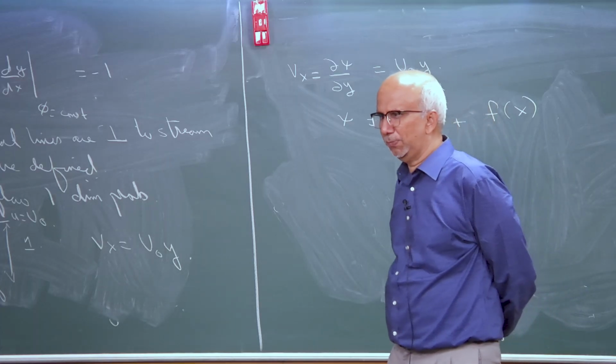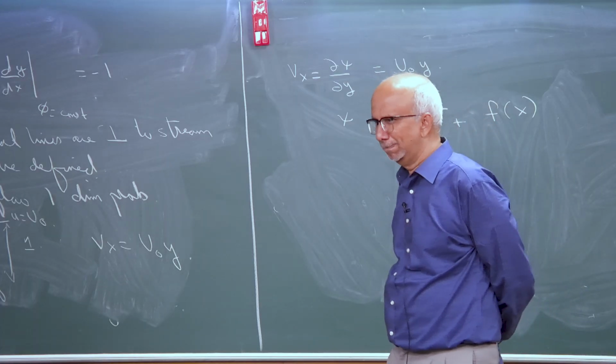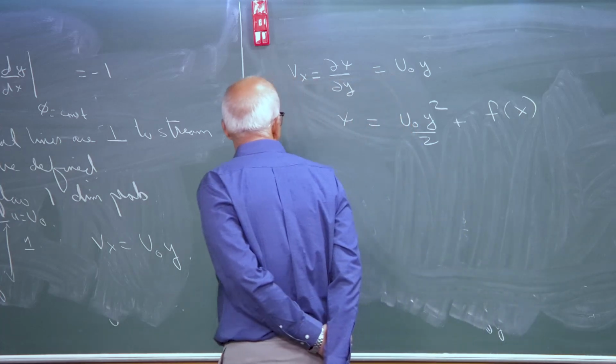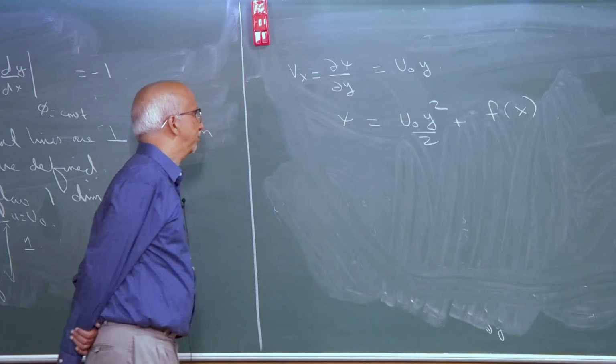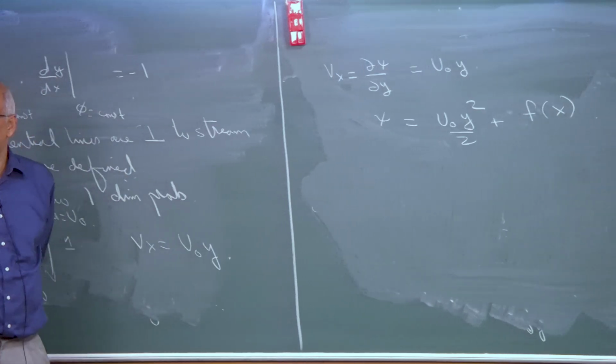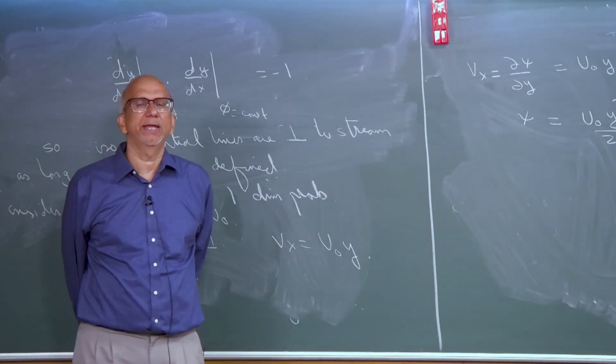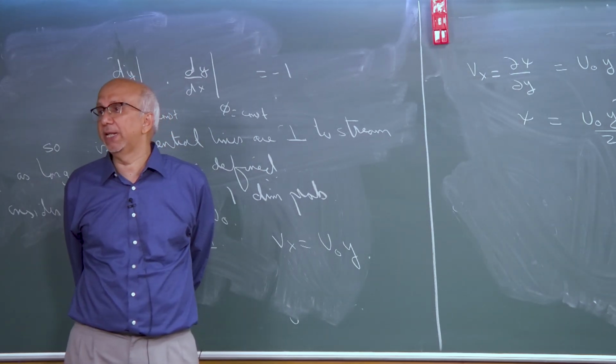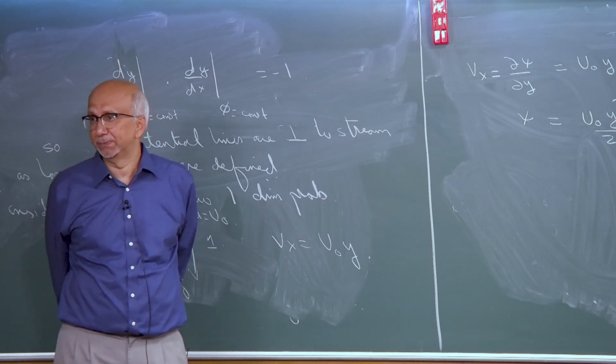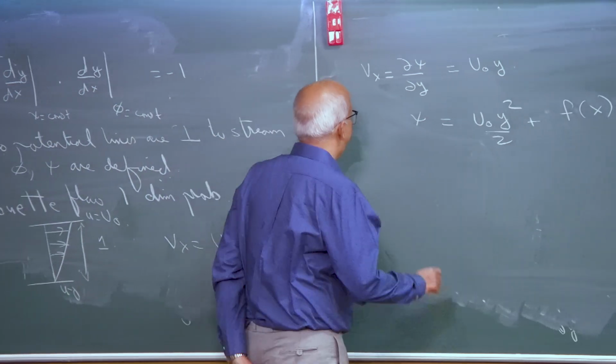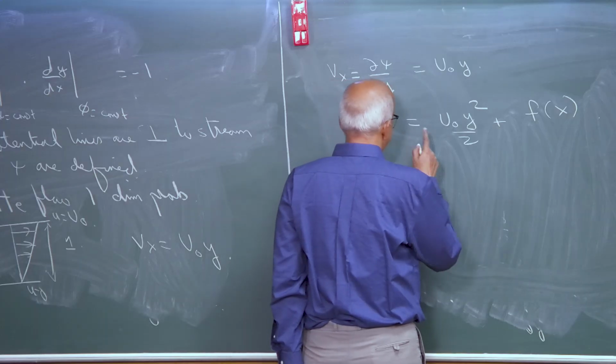So, the distance between the plates is 1, okay, right. So, this is my stream function. Again, in this problem there is no velocity in the y direction, right. So, what is this thing that we get?